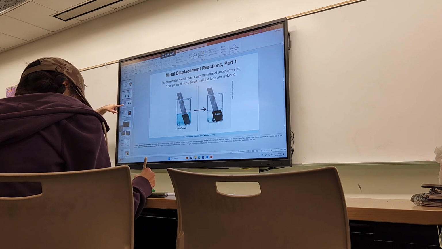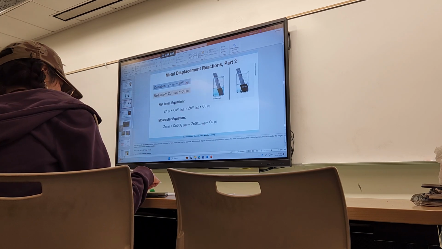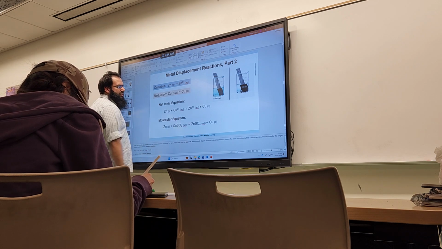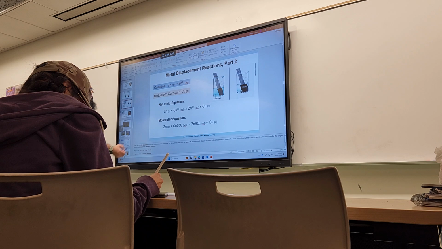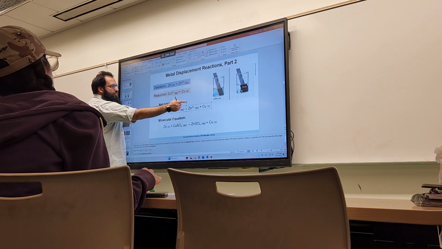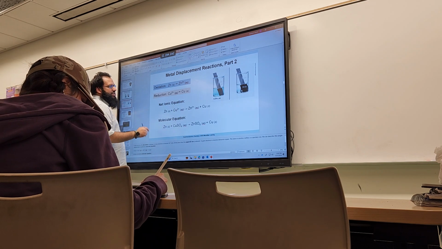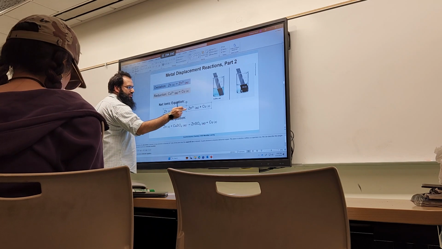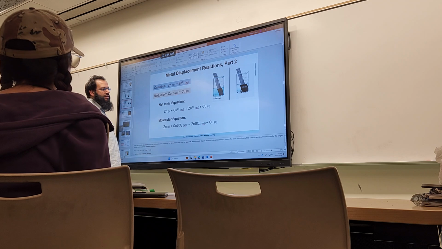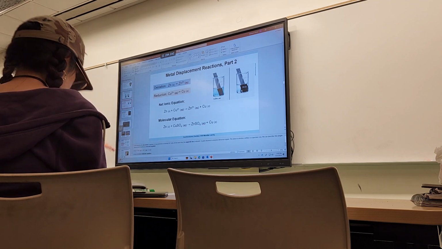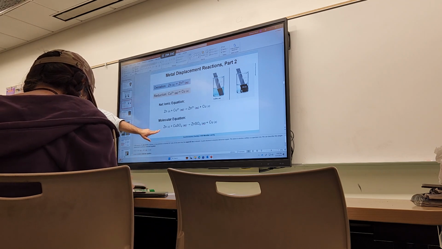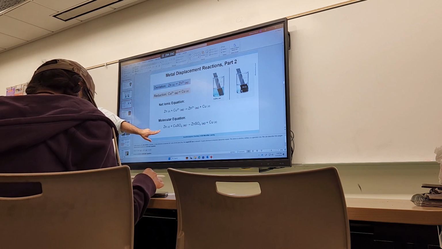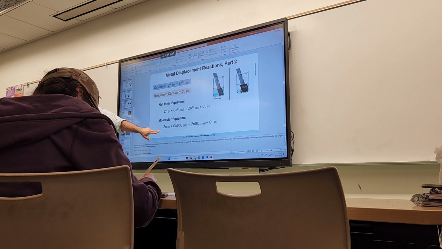Keep in mind this is a single displacement reaction where you have one metal taking the place of another metal. The metal that changes from 0 to +2 in this case is the zinc, and that is being oxidized, and the copper is going from +2 to 0, and therefore it is being reduced. You will usually be given an equation like this, the molecular equation, and asked to find out which one is being oxidized, which one is being reduced.